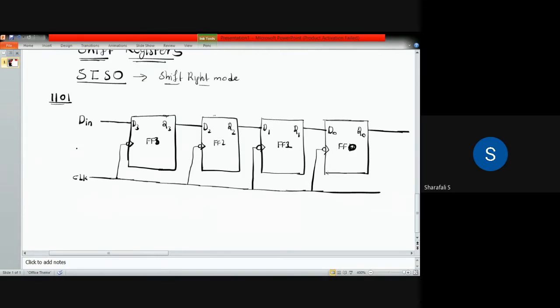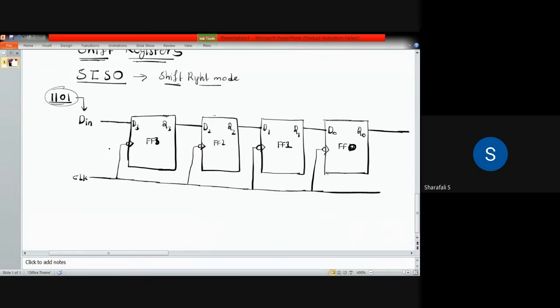That information is passed from the keyboard to the CPU, and the CPU will store it somewhere, or the data will be shifted from some place to another place. Because you are considering a shift register here, if you want to pass that particular information 1101 from one location to the other, it will reach this particular input terminal D in.